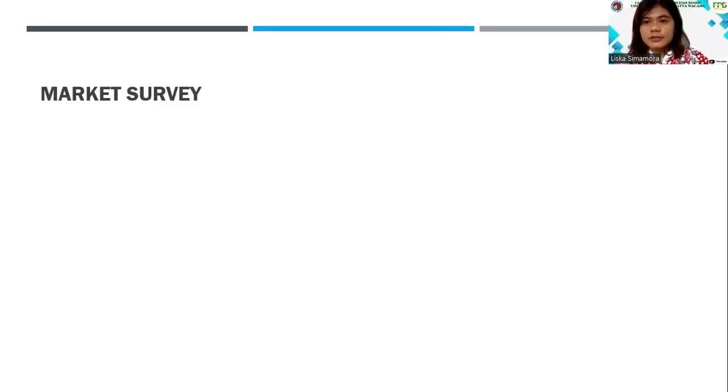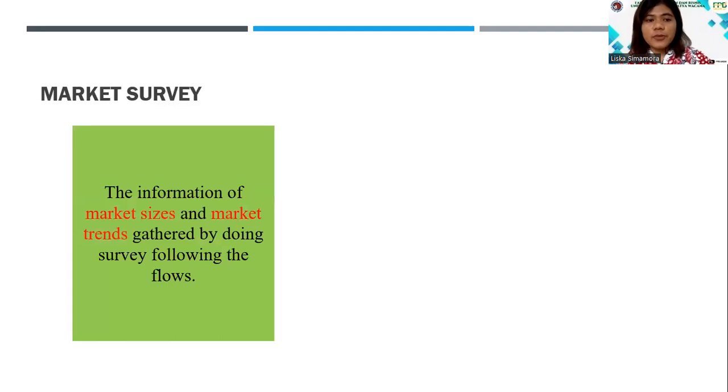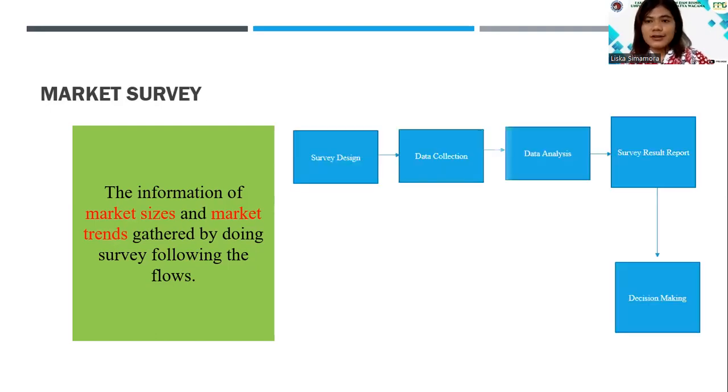Okay, so for market analysis, we have to do a survey. That is common. Before doing analysis, we have to do a survey, right? The information on market size and market trends is gathered by doing a survey. So this is how a market survey is done.